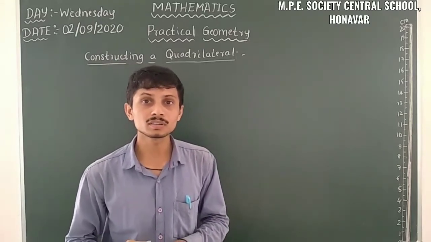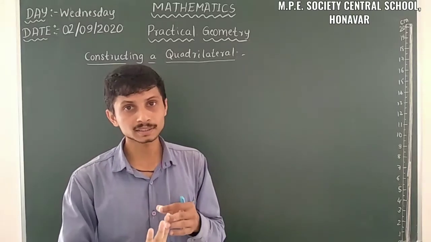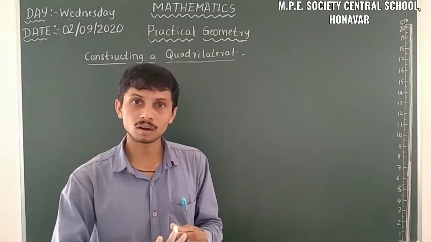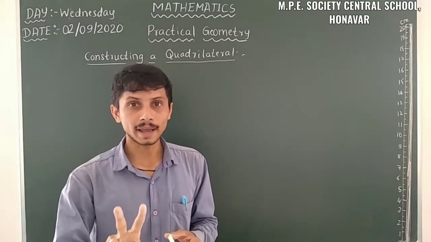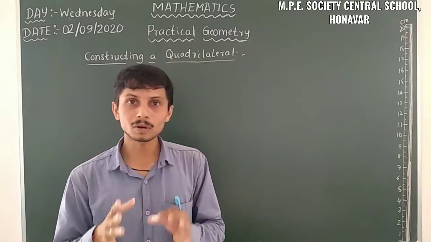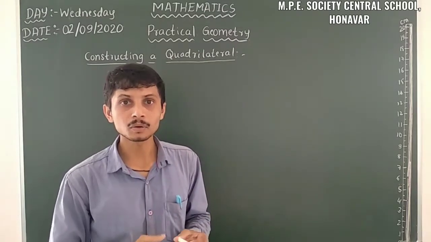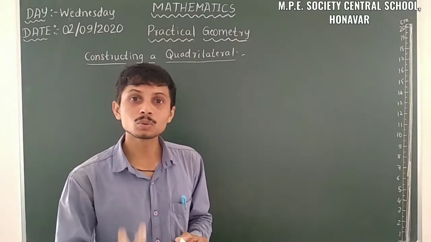For that, what would we do? We want four sides, four angles, and two diagonals.